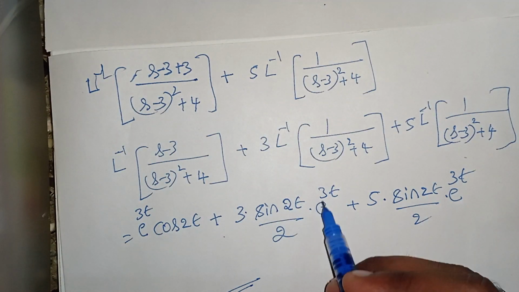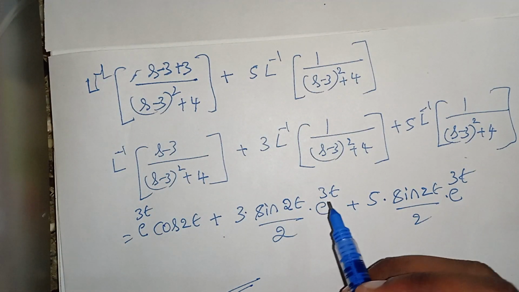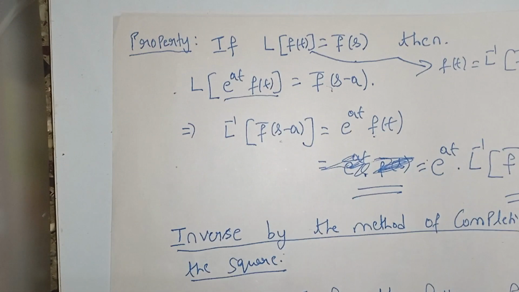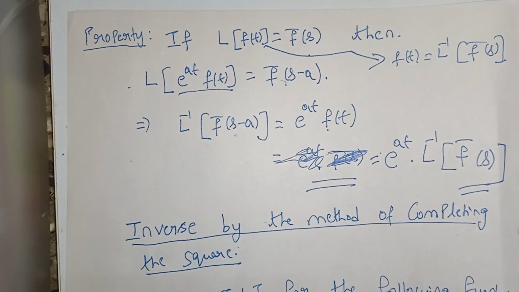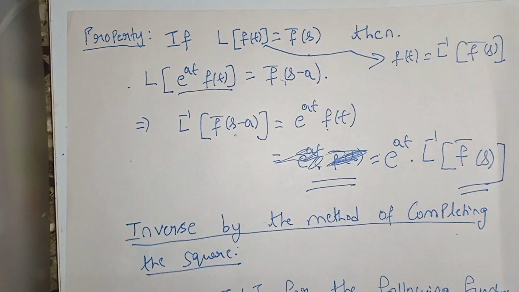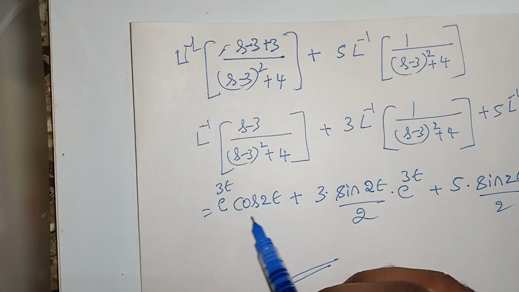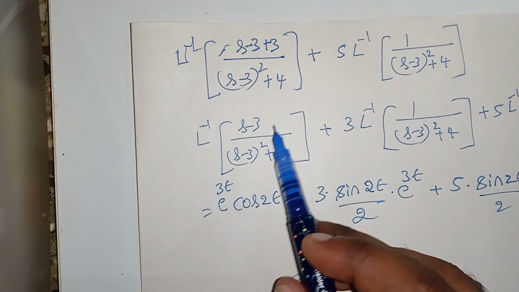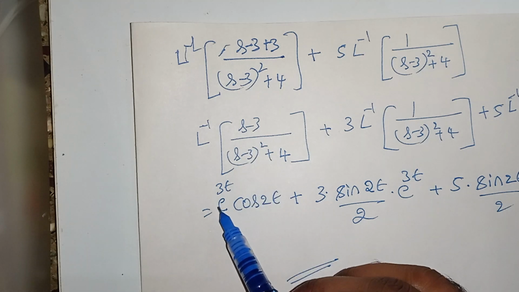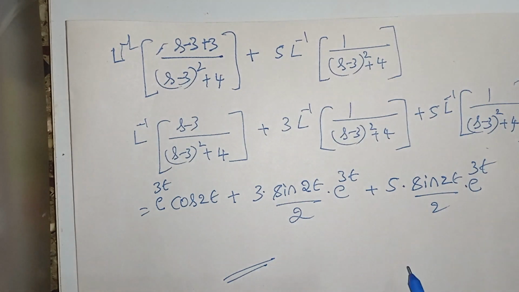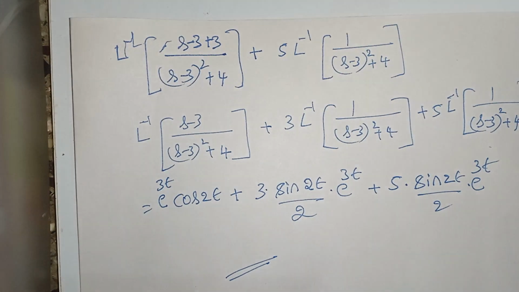Why have I pre-multiplied? I have used the previous property, e power at into L inverse of f bar of s. So first I assume that there is no minus 3 and write the L inverse. Because s is replaced by s minus 3, I have written e power 3t as the pre-multiplied term.